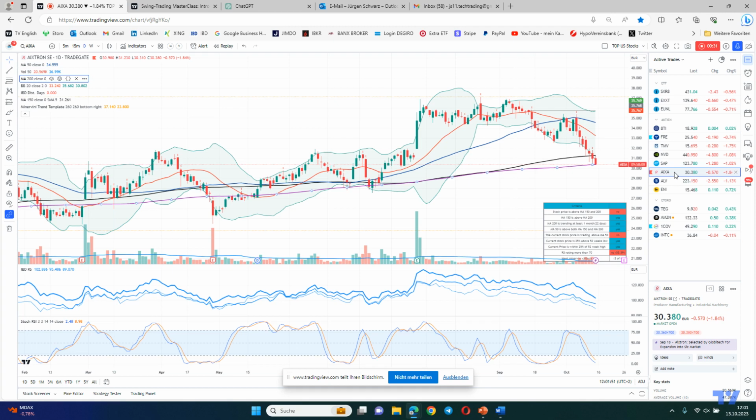I'm going to explain why it is marked in red, and then we're going to look at ChatGPT, if ChatGPT can add anything to our analysis or potentially confirm our analysis.